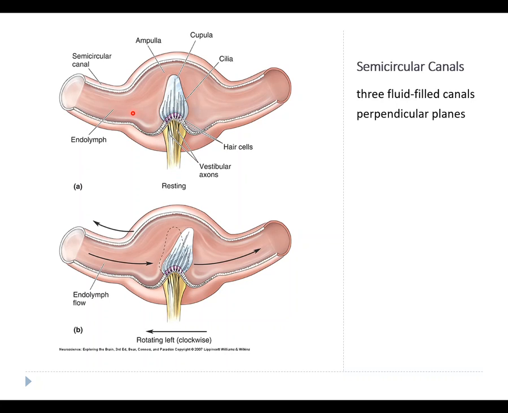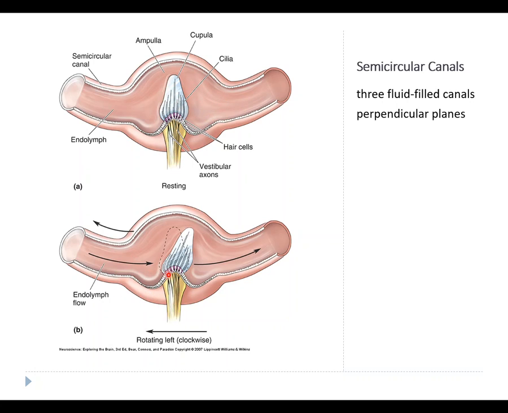Which direction they move depends on the movement of the fluid inside the semicircular canal. So when your head is not rotating, this fluid, called endolymph, is basically still. In other words, the cupula is not moving either direction.